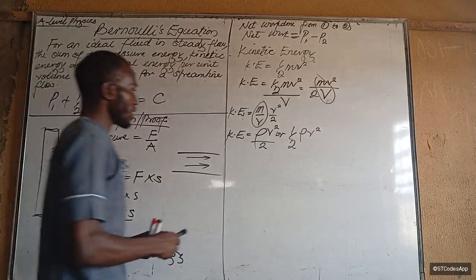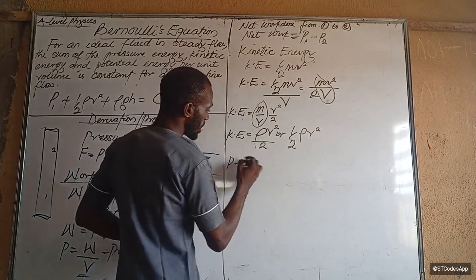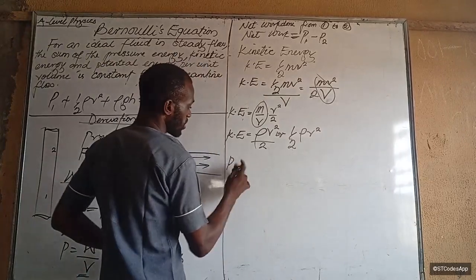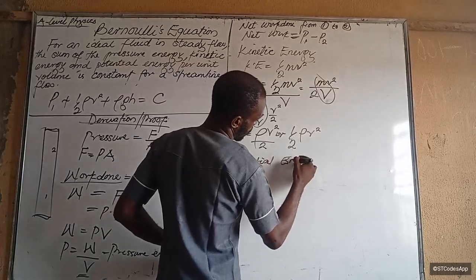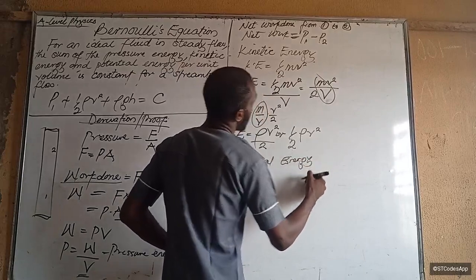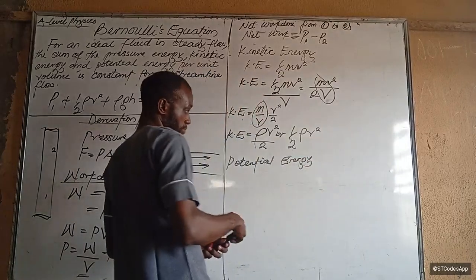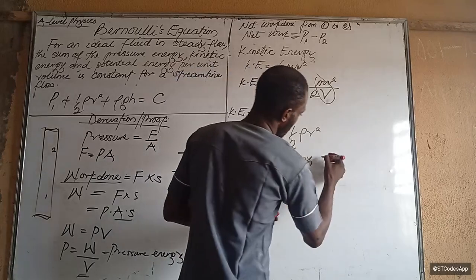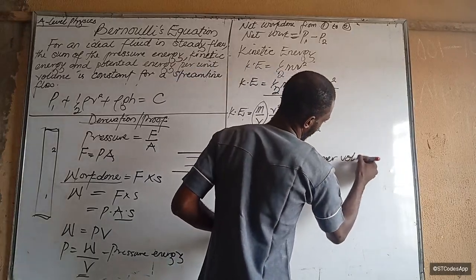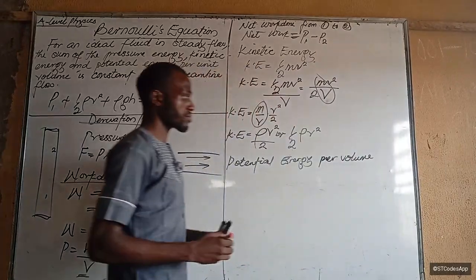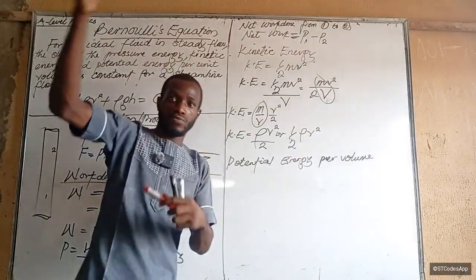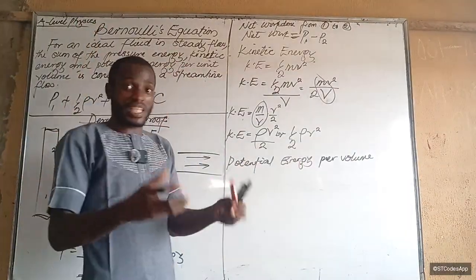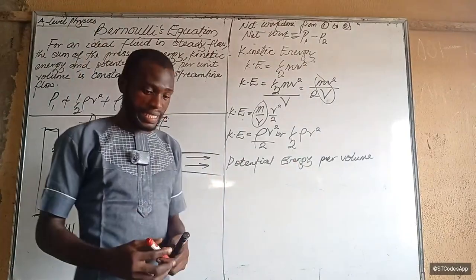Alright? Then the last portion is the potential energy. Now the potential energy per unit volume. The potential energy per volume of water. Now, recall that at specific instances in the movement of the fluid, it's going to have potential energy at those points, isn't it?